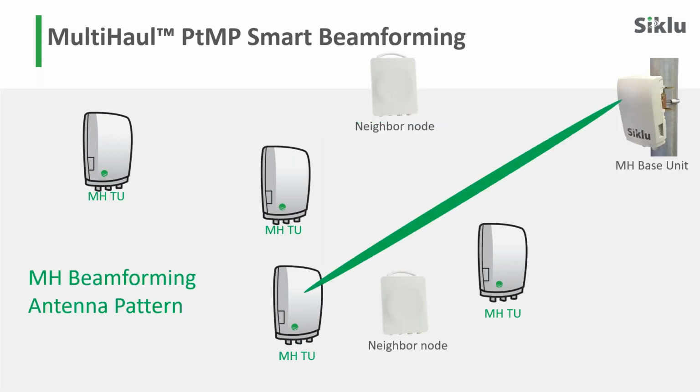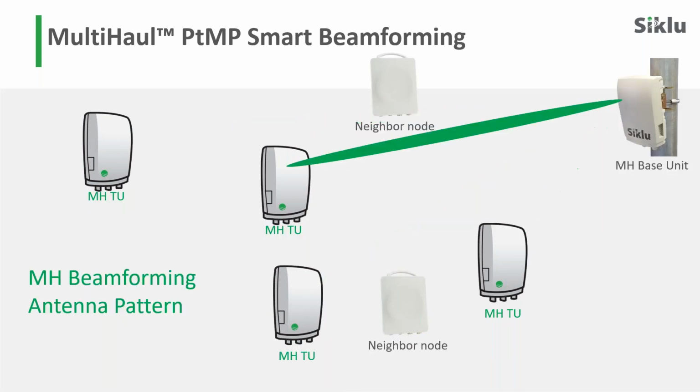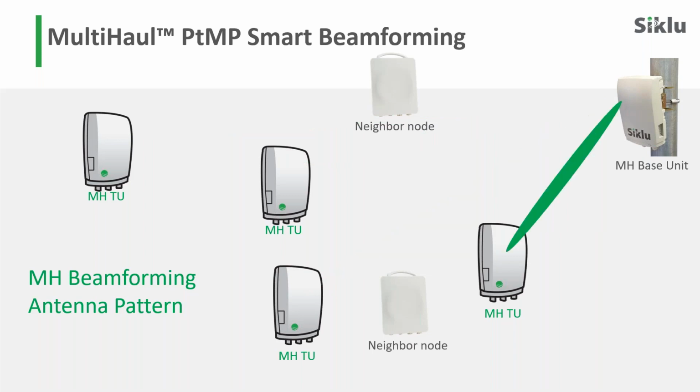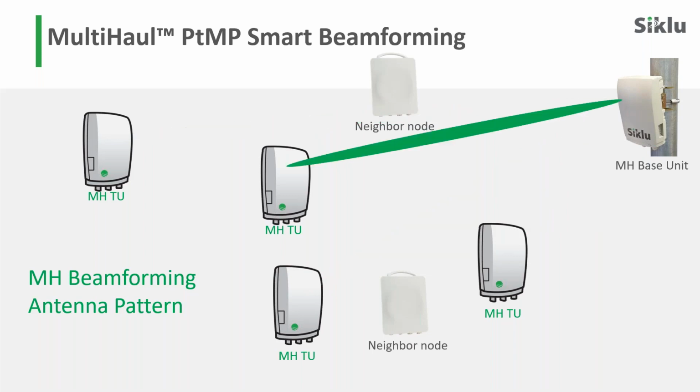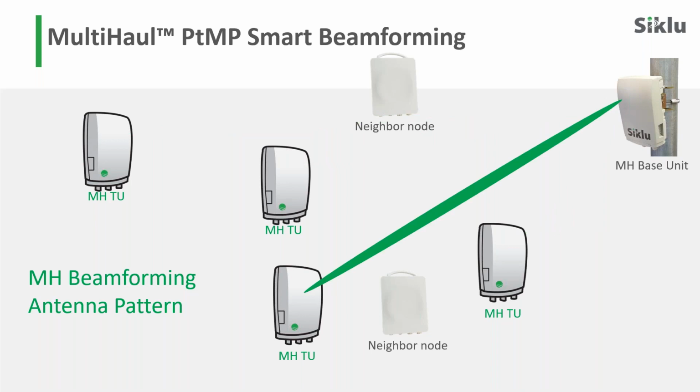In our case, because we are doing millimeter wave, we can easily do a very good directivity with the beamforming which is built into our radios, which allows also to achieve high gain and very good immunity from a lot of things which happen in millimeter wave.